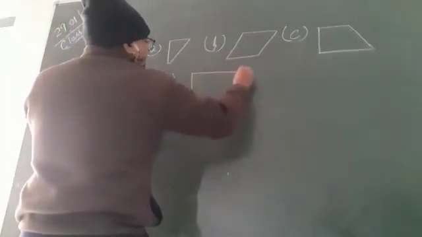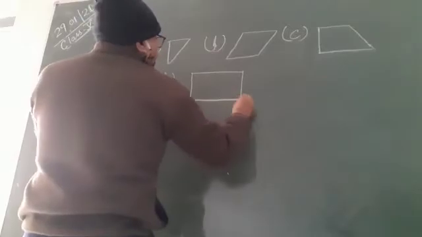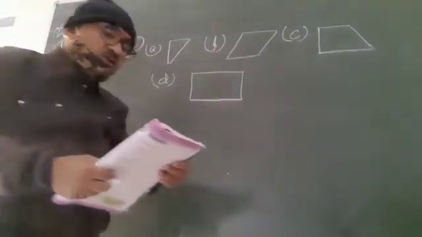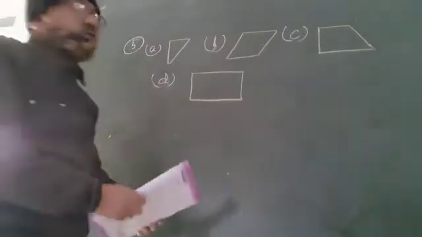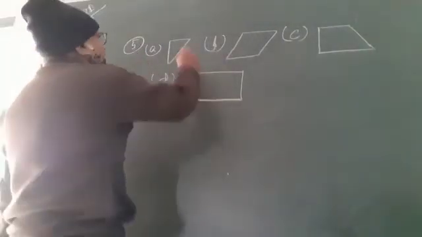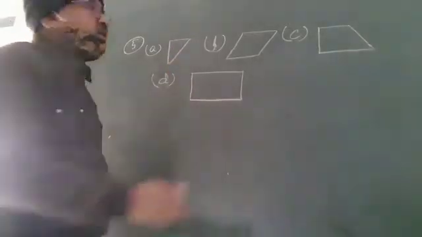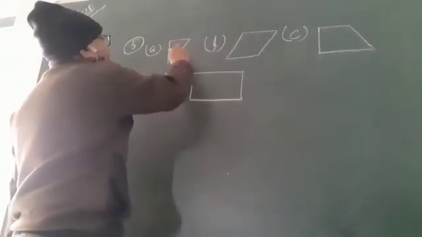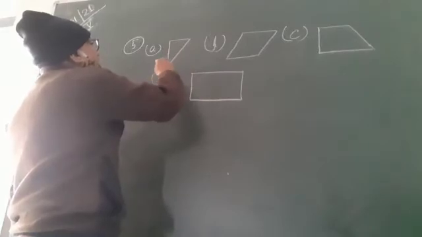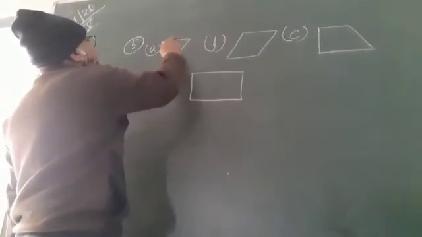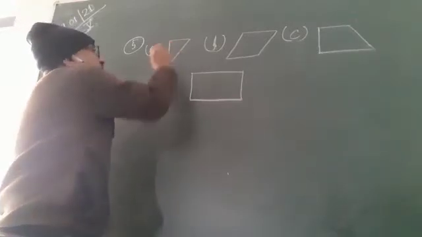You have to say in which figure there is only one pair of parallel lines. Here you see, in figure A there are no parallel lines because all the lines are intersected. This line intersected here, these two lines intersected here, and these two lines have been intersected here.